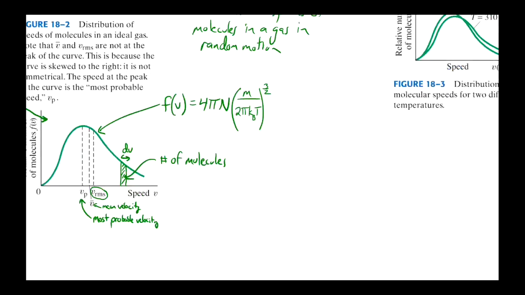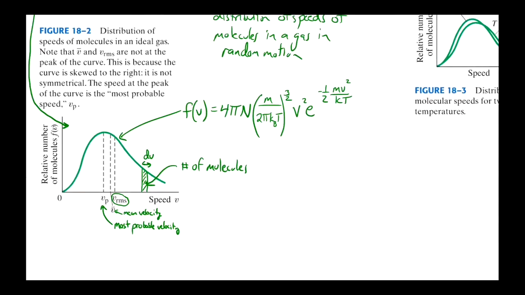I'm not done yet. There's more. That is times v squared times e to the minus 1/2 mv squared over kT. Don't you start to feel like I'm just making up symbols at this point and just putting them at random places in the equation? That's what that function looks like. A bit of a mess.